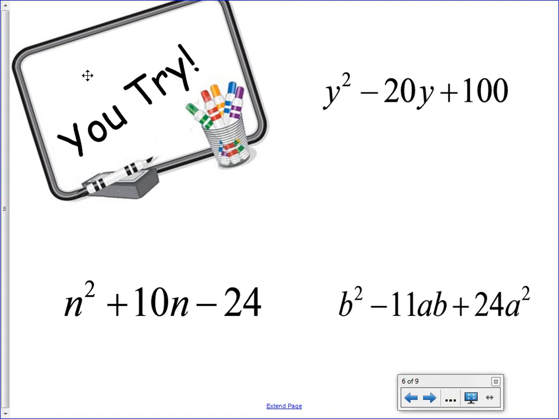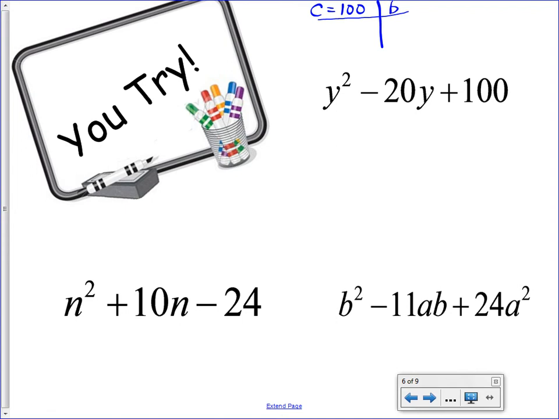Okay, I've noticed that a lot of us maybe are having some difficulty with the first one. There's lots of possible answers to get. Again, here C has to give you positive 100.